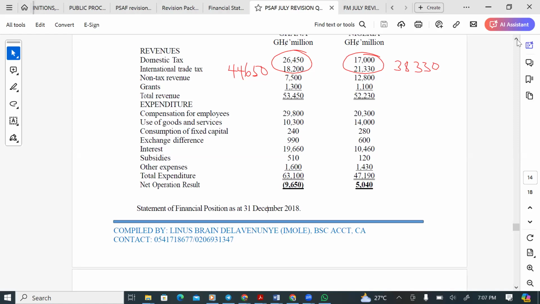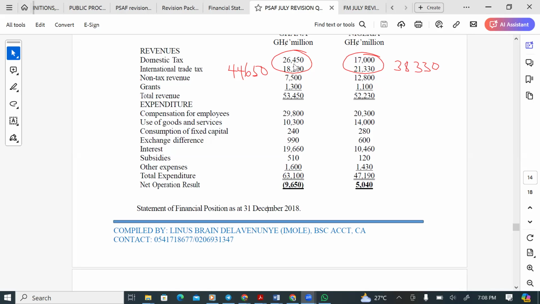For the first one, we have the 29,800 divided by 44,650 multiplied by 100. That is 66.74 for Ghana.